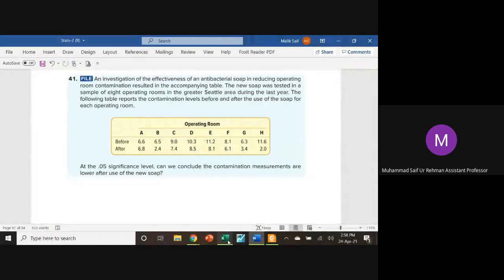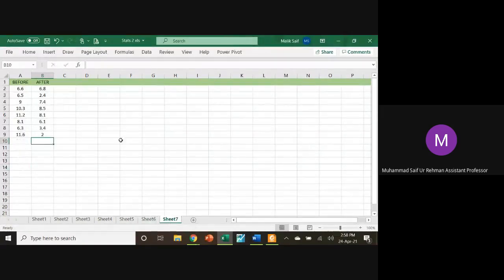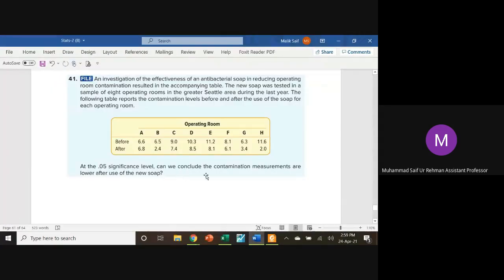For this question, I have written the values over here in Excel. These are the values. So see what the question is: can we conclude that the contamination measurements are lower after use of the new soap? You may consider this scenario as there were two soaps and there were some germs in a room, and we checked the quality of the soap, whether it is good for killing the germs.